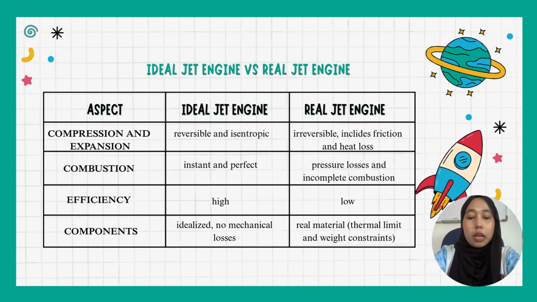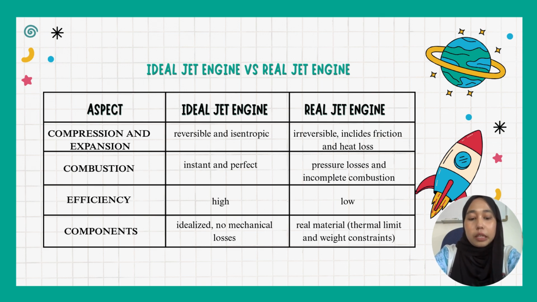In combustion, an ideal jet engine has perfect and instantaneous combustion that ensures the maximum energy is released. But in a real jet engine, combustion is less efficient, with loss of pressure and sometimes incomplete fuel burning, which reduces performance. This leads to a difference in efficiency, where in an ideal jet engine the efficiency is high, but in a real jet engine the efficiency is low.